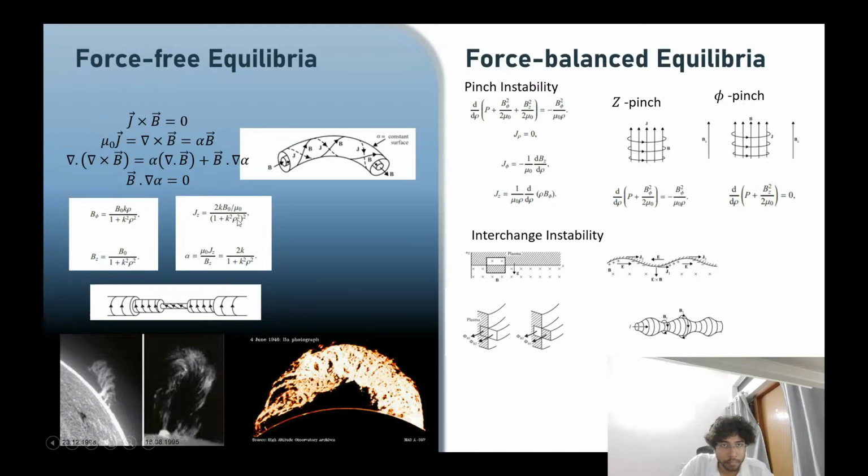Then, just from the configuration of the magnetic field, we can calculate the surface along which the magnetic field will lie, which is given by alpha from this equation, mu naught J by B. So alpha is mu naught Jz by Bz, which turns out to be 2k over 1 plus k squared rho squared.